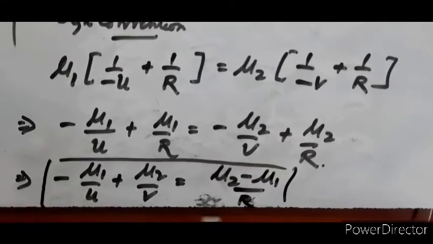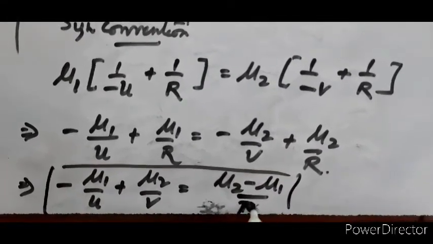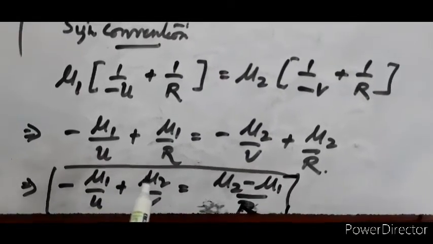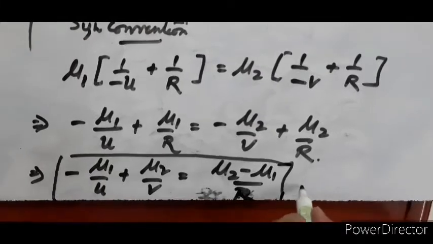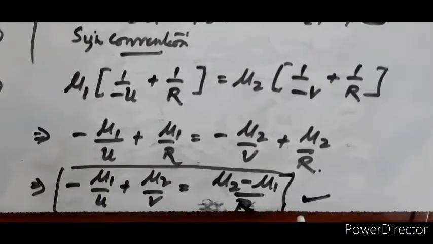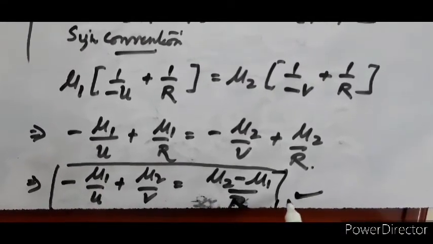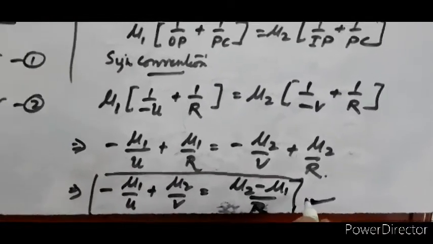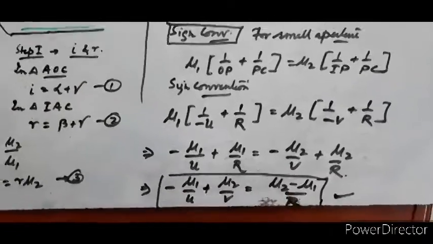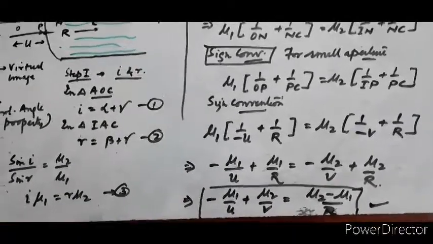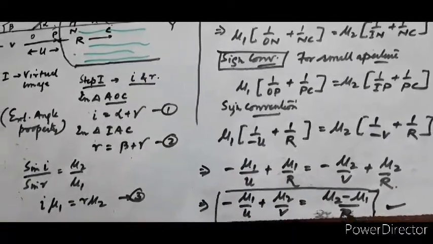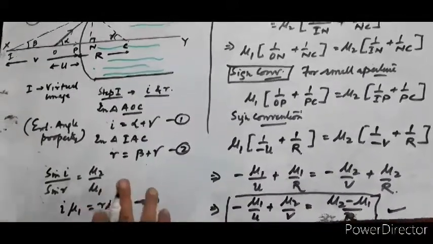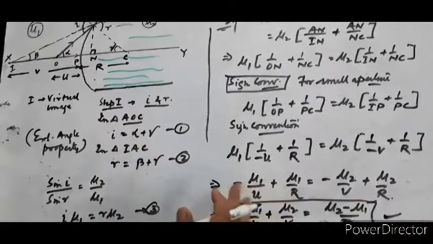And interesting, we are getting the same relation as we got in case of the real image, same relation. So irrespective of where the image is formed, or irrespective of the surface, in fact reflecting surface, if the object is in the rarer medium, we are getting the same. That's interesting. Maybe the image is real or virtual.